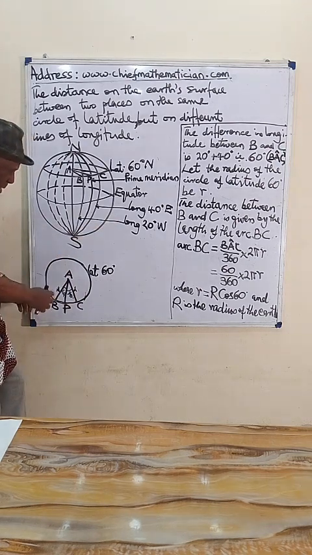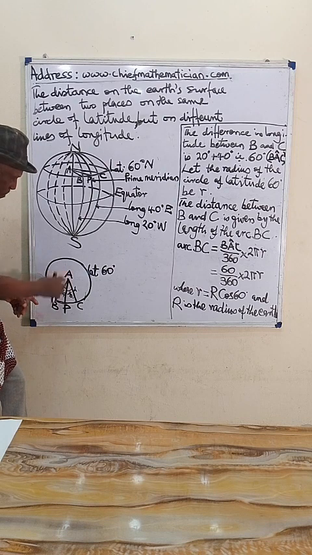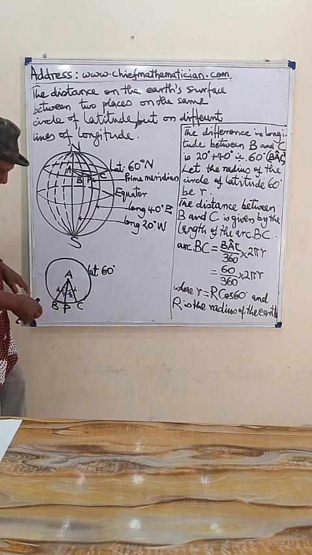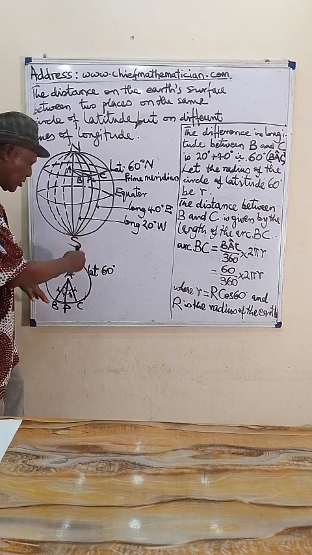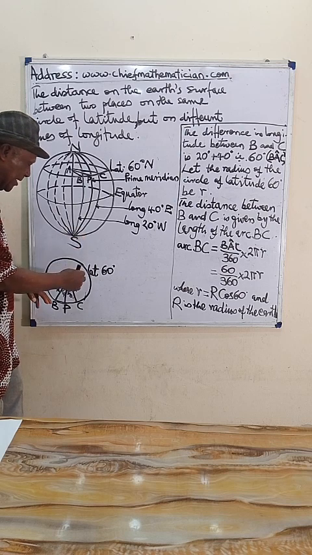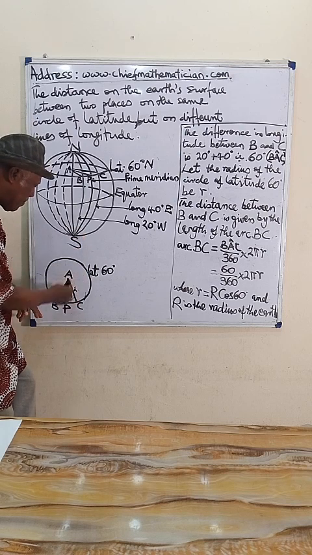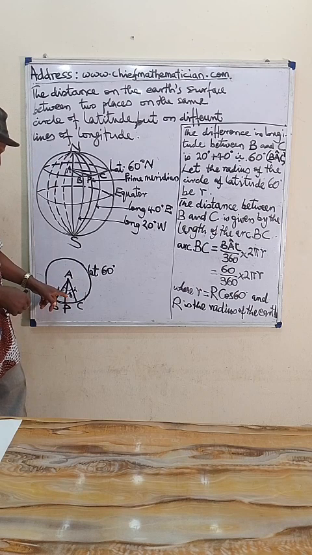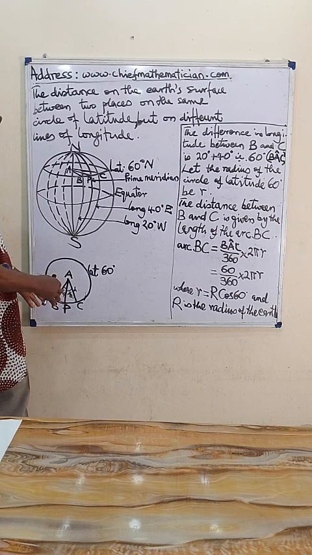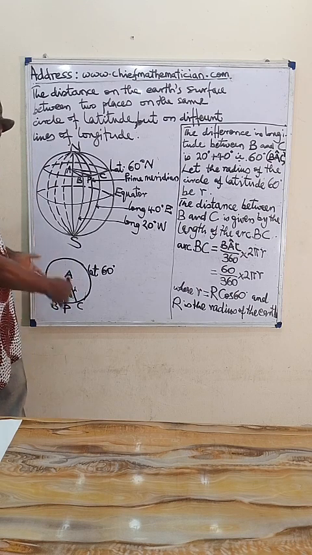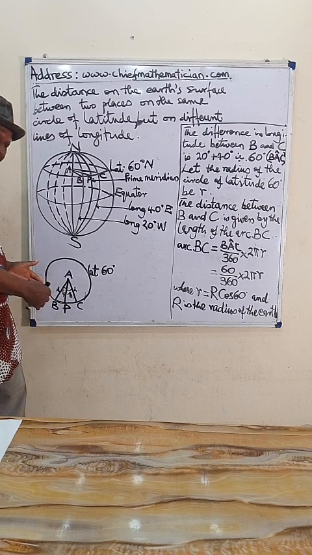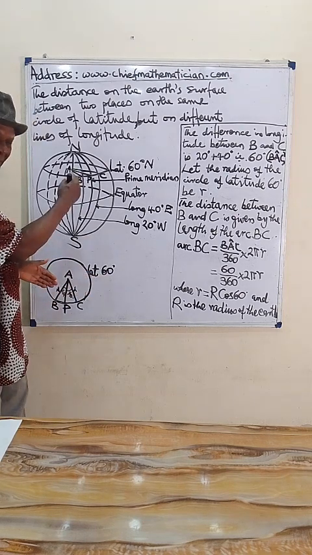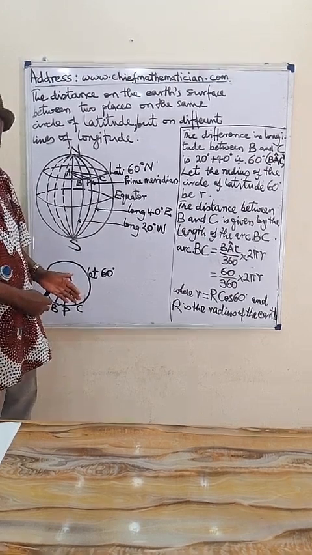You can see it: angle BAP, 20 degrees west. Longitude 40 degrees east is angle CAP, 40 degrees. So very clearly, you can see the positions of B and C with reference to the prime meridian.